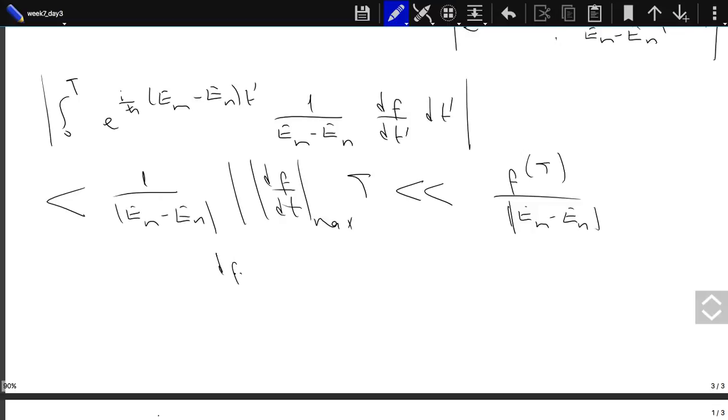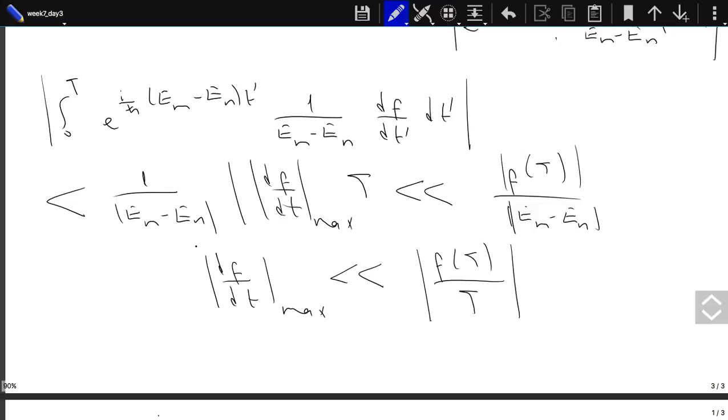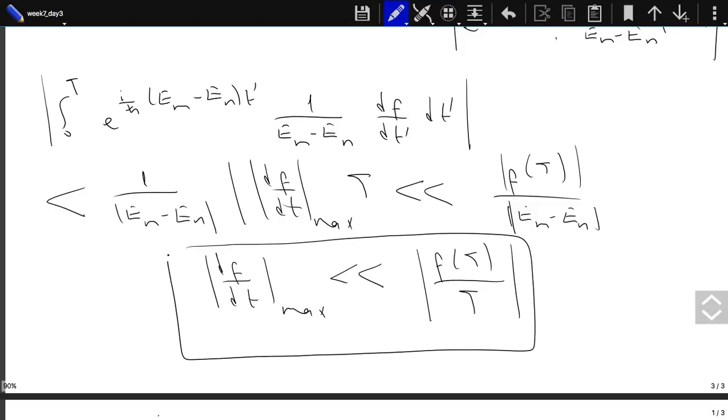Or df by dt maximum should be much less than f of t by t. Which one? If this is satisfied. How can this be satisfied? That's a good question. Can this be satisfied?